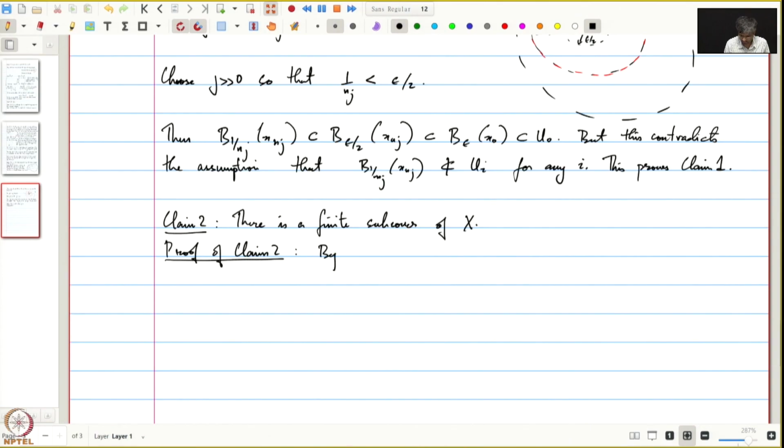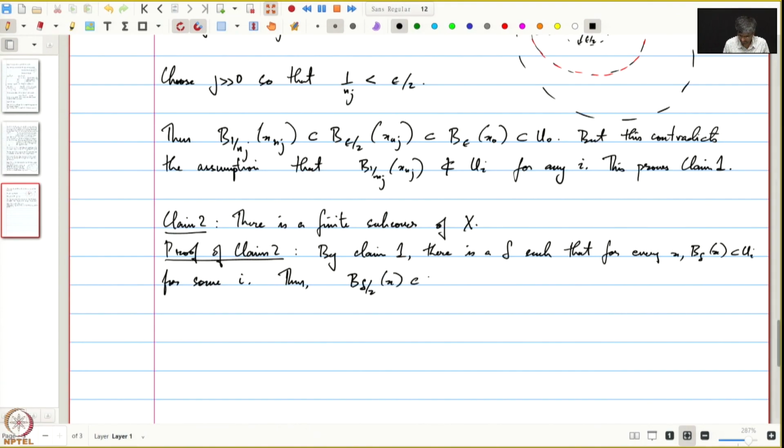So by claim 1, there is a delta such that for every x, the ball B delta x is contained in u i for some i. Right. So thus we have B delta by 2 x is contained in B delta x is contained in u i.